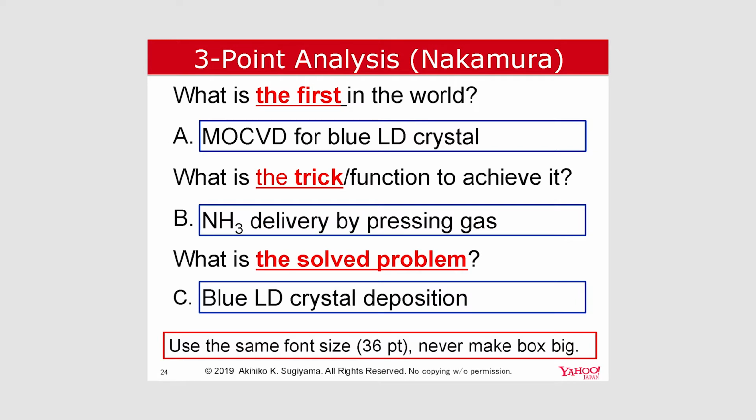The difference is here. What is the trick? Pressing gas. That is the trick, right, in this case. And the problem is the same, and the value is the same. But maybe you can point out the value in this way.